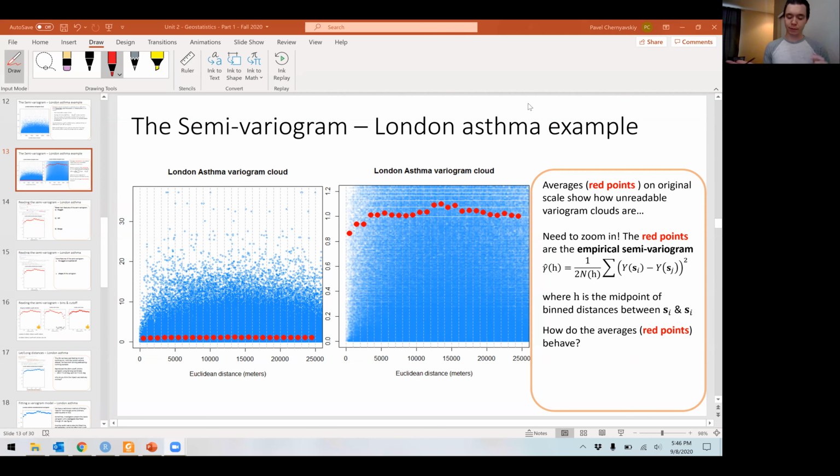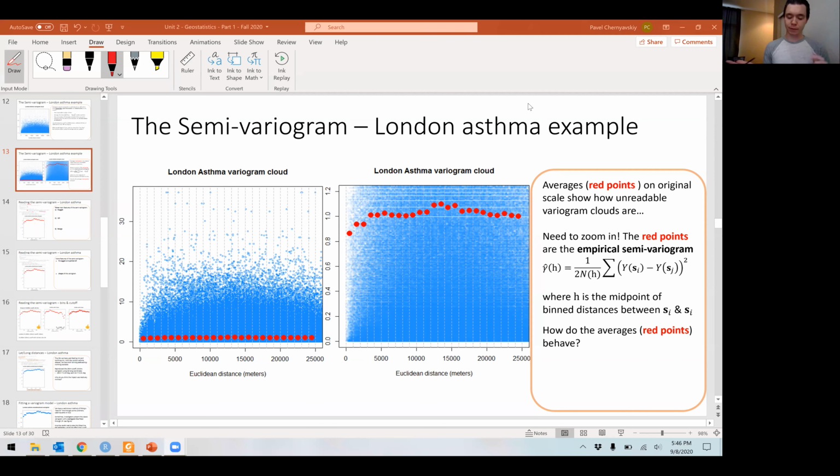So typically we think there are 3 main features of our variogram: the nugget, the sill, and the range. First things first, let's start with the nugget. The nugget is the value that our variogram approaches. I'll use h here to denote distances.